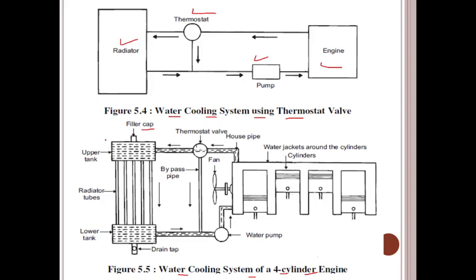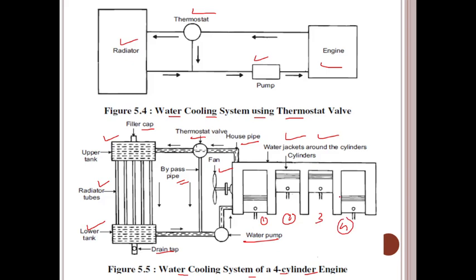This is the filler cap, upper tank, radiator tubes, lower tank, thermostat valve, fan, bypass pipe, drain tap, water pump, hose pipe, water jacket around the cylinders, and these are cylinders 1, 2, 3 and 4. This is the construction of the water cooling system.